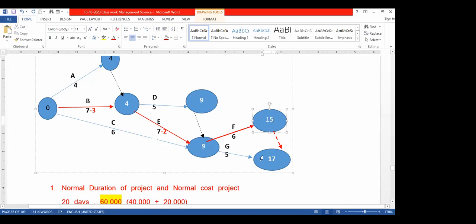Here 9 plus 14. Here also. Now you see the project duration becomes 15.